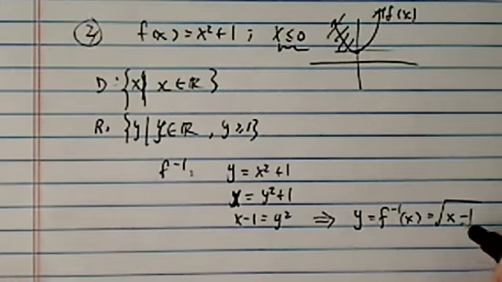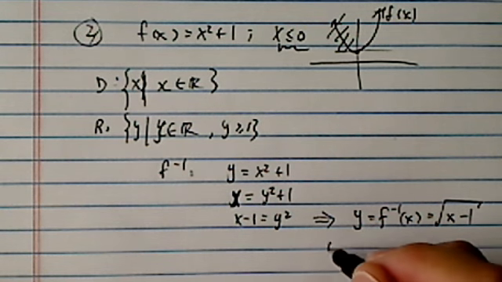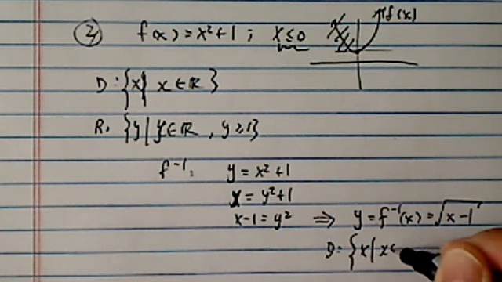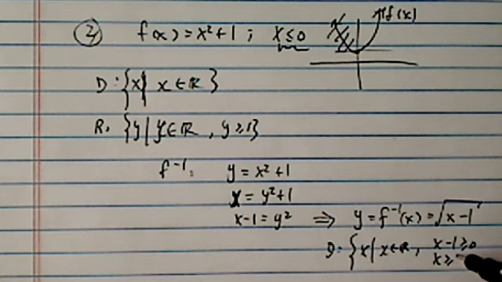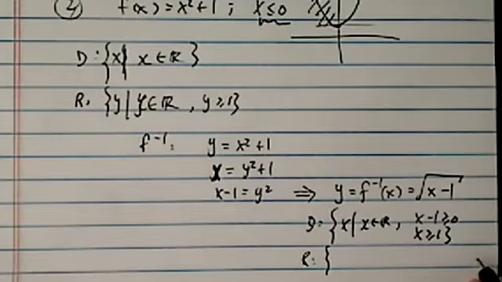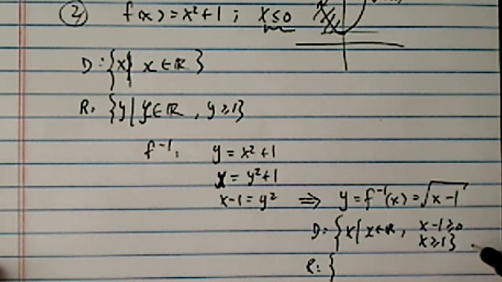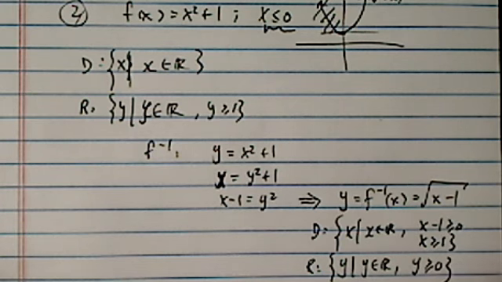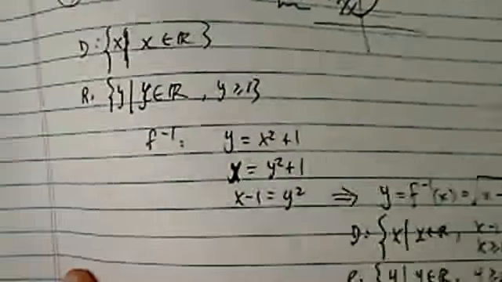Once again, we have the radical here, so the domain forces x minus 1 to be bigger than or equal to 0, which means x has to be bigger than or equal to 1. Let's do the range. So as long as x is bigger than or equal to 1, then y belongs to the real, and y is going to be bigger than or equal to 0. Okay, this is the third one.